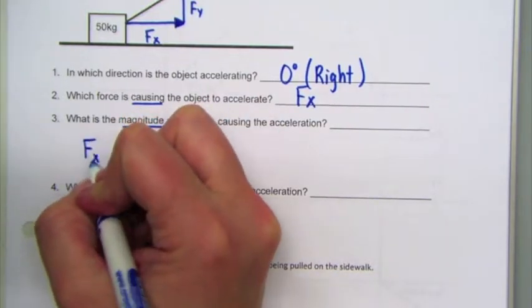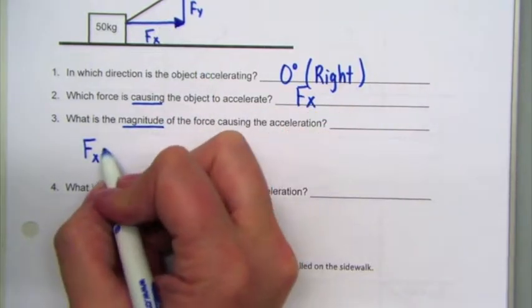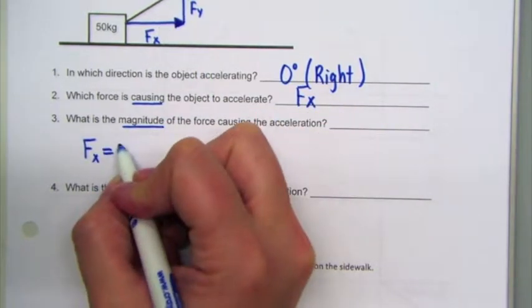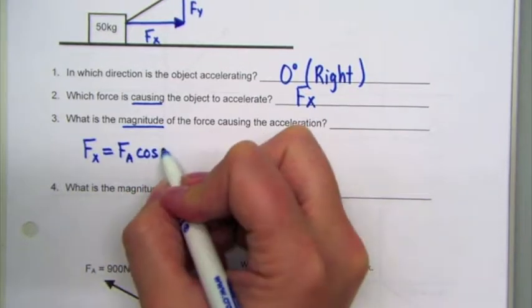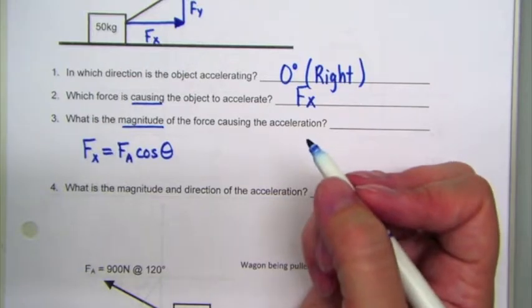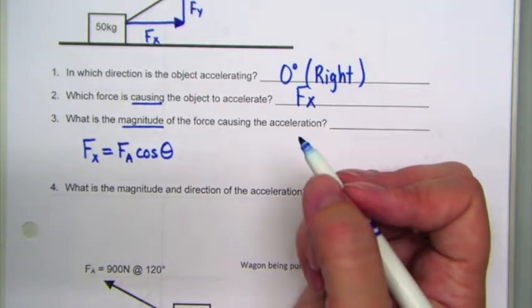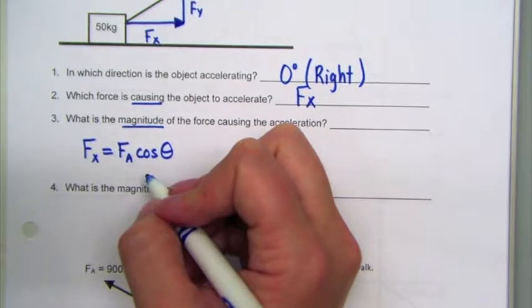We know Fx is the adjacent side of the triangle, so we're going to use the cosine. Our hypotenuse is Fa. We multiply that by the cosine of our angle. Now we get this equation originally from cosine equals the adjacent over the hypotenuse. This is just the rearranged equation, algebraically different, okay?